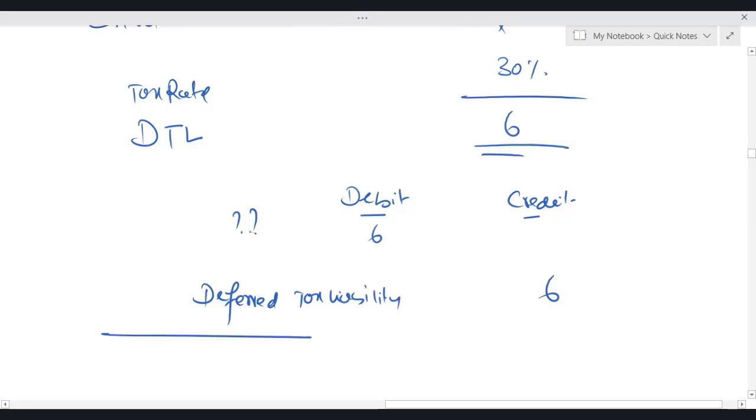Now, please listen carefully. According to IAS 12, taxation, if deferred tax liability arises due to revaluation, then the liability will be charged to revaluation. Repeat. If deferred tax liability arises from revaluation, then it will be charged to revaluation. So this 6 million we cannot take to the profit or loss. Why?